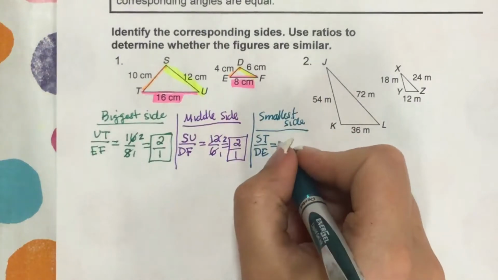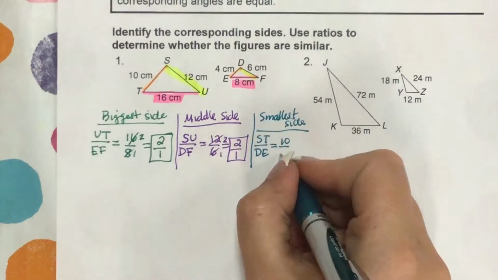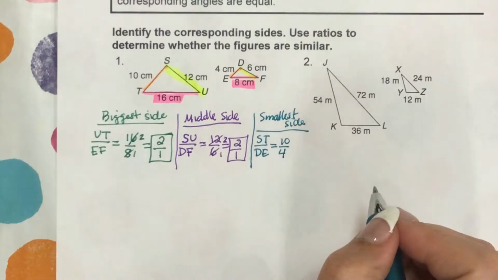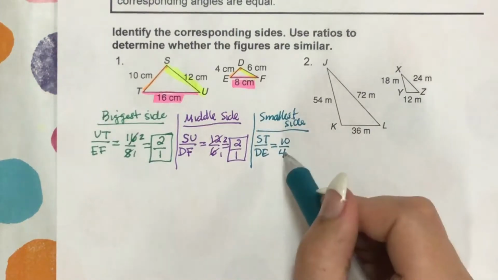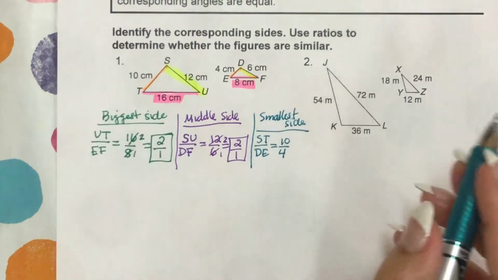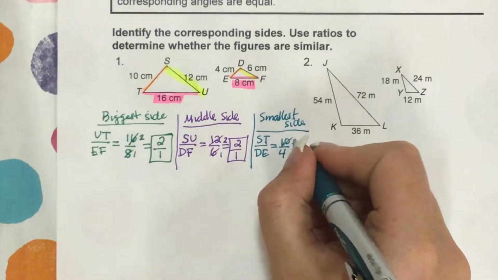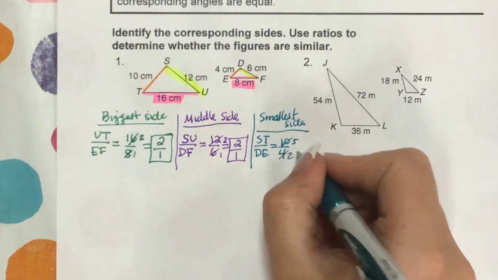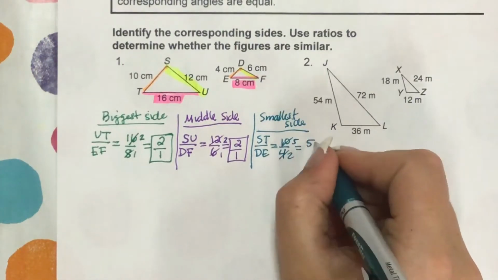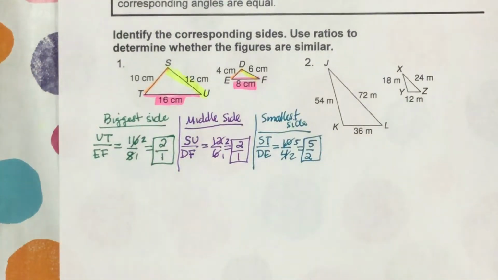ST is 10 over DE is 4. Then we're just going to reduce them. Do they have a common factor? Yes, they do. 2 goes into both of those. 2 goes into 10 5 times, and 2 goes into 4 2 times. So this ends up being 5 over 2. Well, let's look at this.